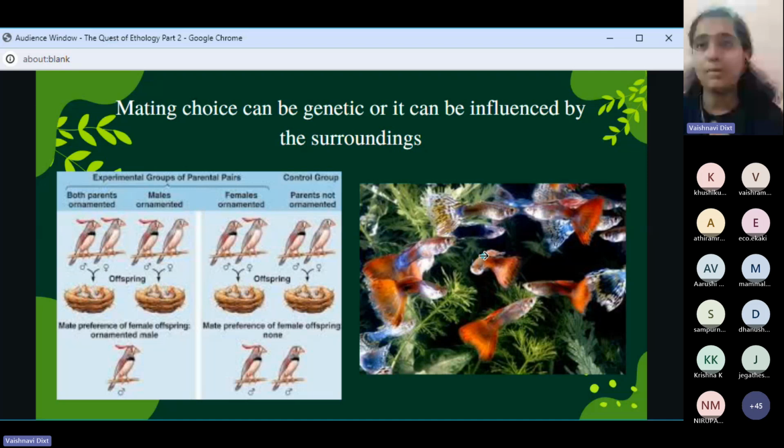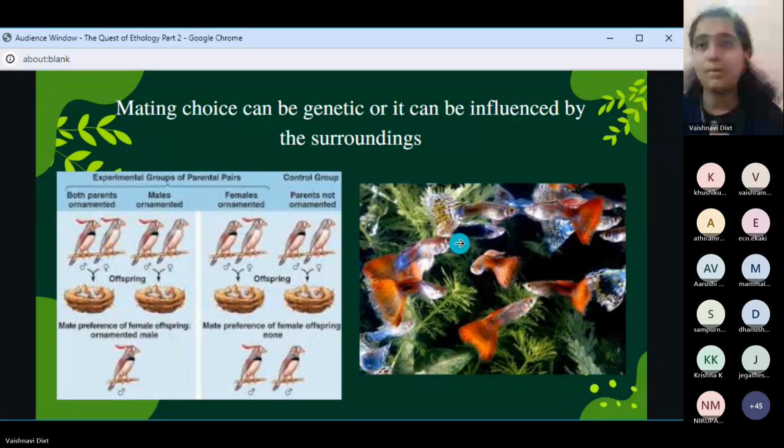That is called mate choice copying, where you copy the mate choice of another. But yes, this also exists. It may be because all these things are basically happening for better genes, so that is how you can consider the evolution of mate choice copying.